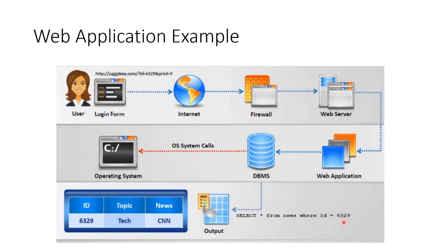So give me, based on this ID, all the news that is relevant to me. And I get some output. And so maybe the ID is some number, the topic is technology, and the source is, say, CNN or some other kind of site. So this would be an example of a web app running.